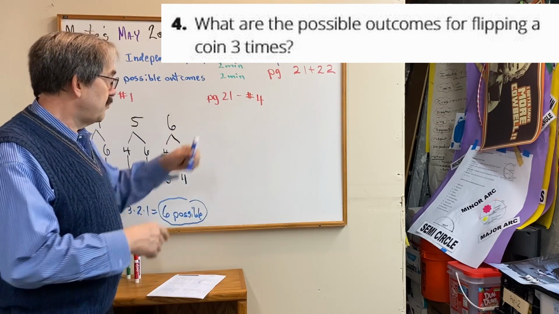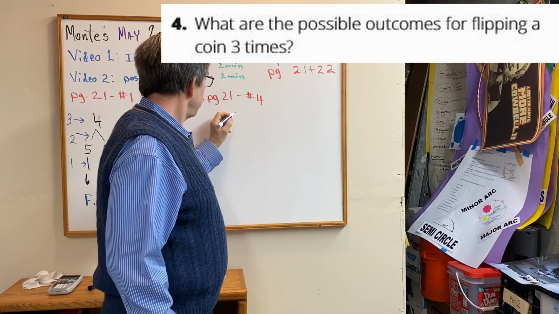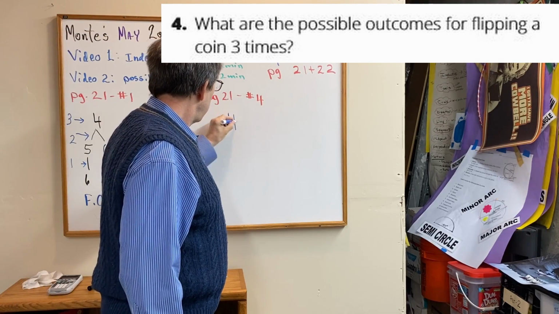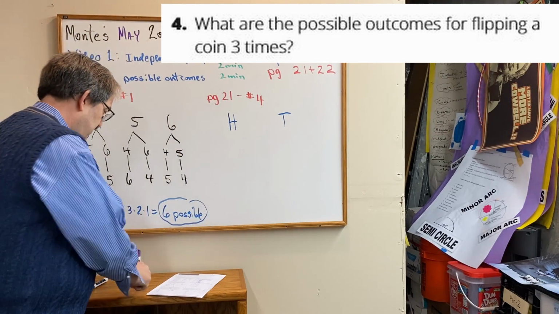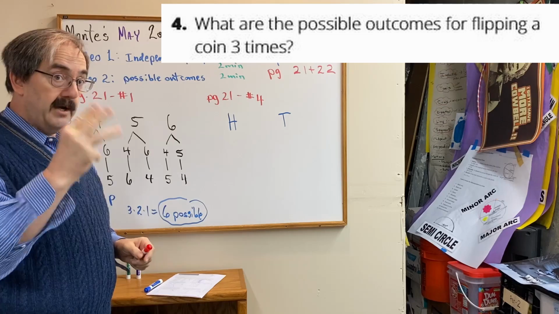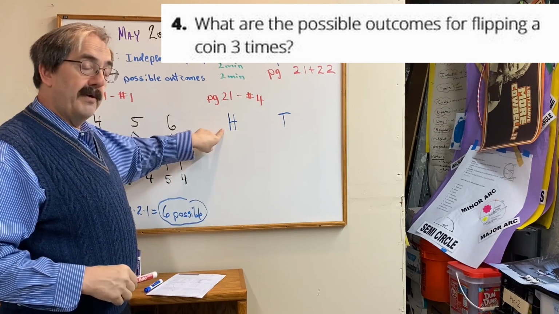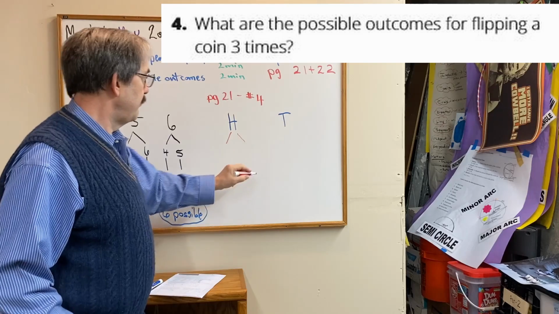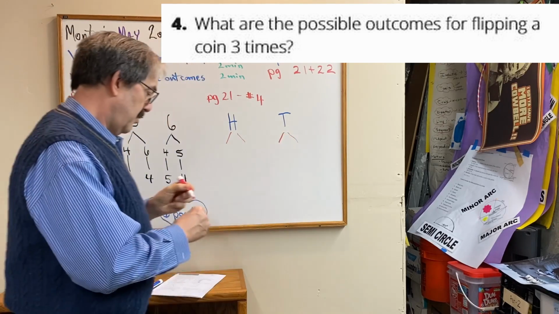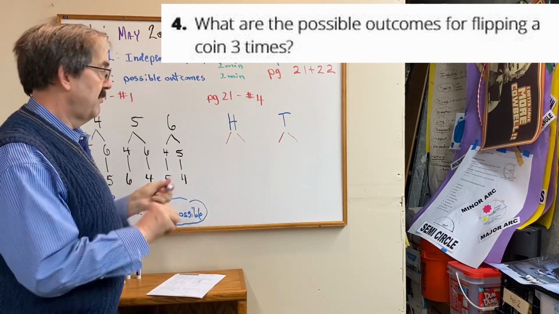So, problem 4 on page 21. Flip a coin. Head, tail. Now we got to flip it 3 times. If the first time we flipped it, we got a head, then the second time we flip it, what are we going to get?